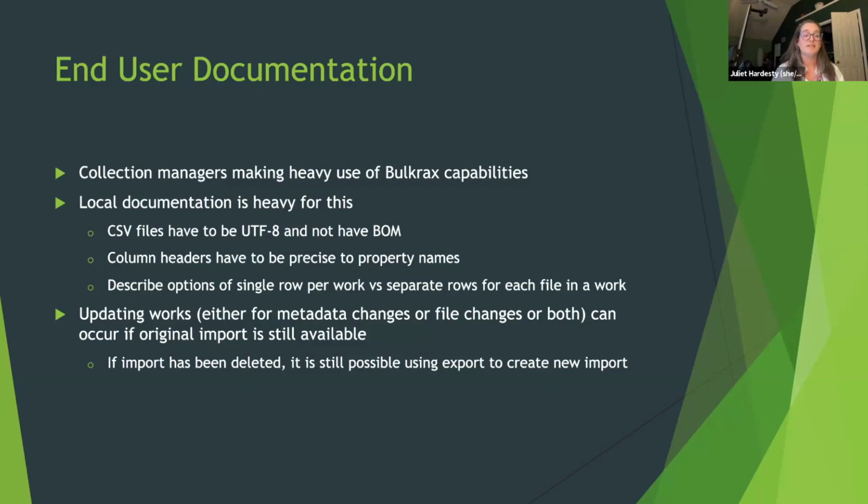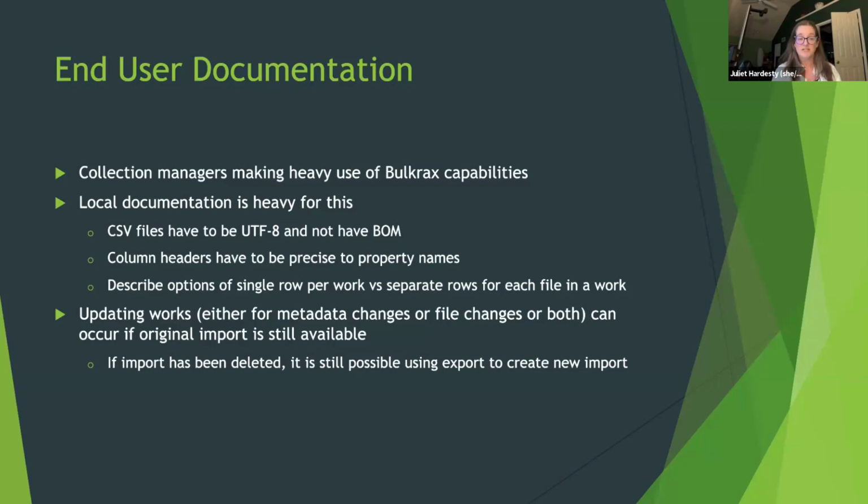We also have to explain the exact column headers that are needed. They need to know what the options are for the metadata properties that they have with their admin set. And we have to explain the import options. There's an option to do one row per work with the files listed in order, or you can do one row for each part of an import, with a file, a work, or a collection each having its own row.